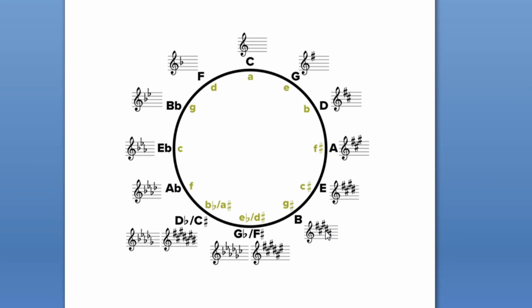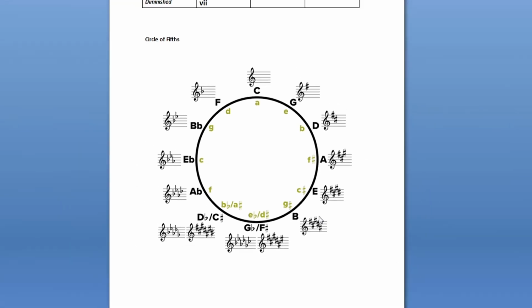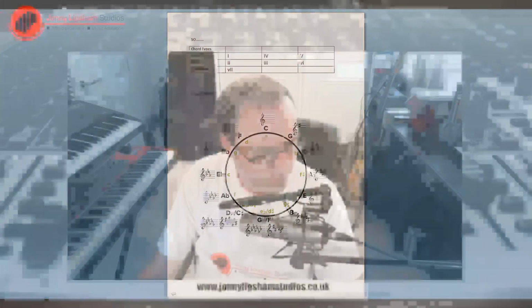Okay, now that we've worked that out, let's go and switch over to the other camera. There we go. So I need C sharp minor, because chord 2 is always minor.